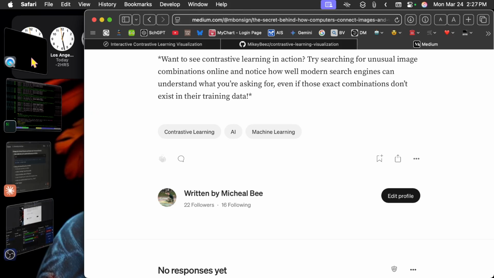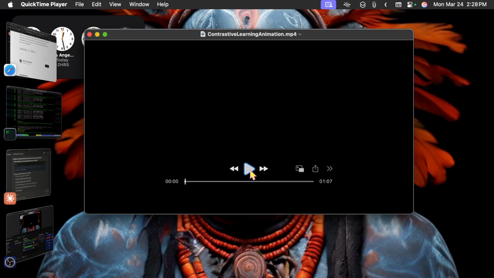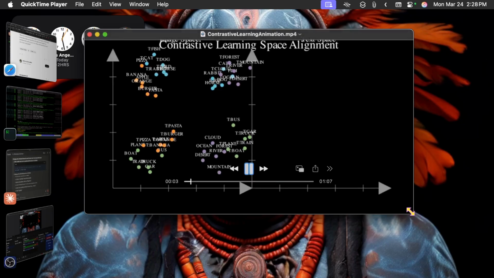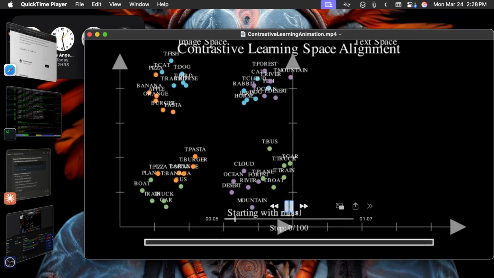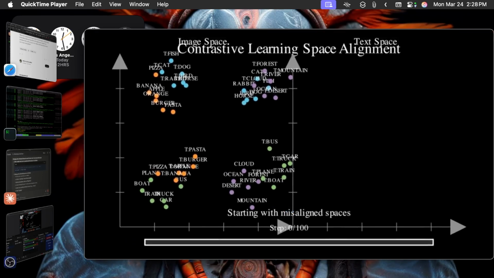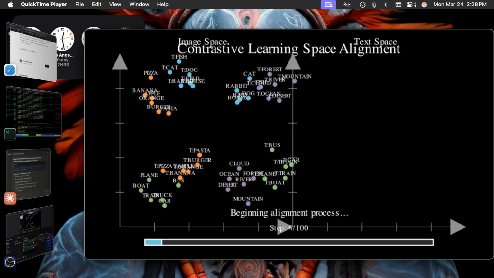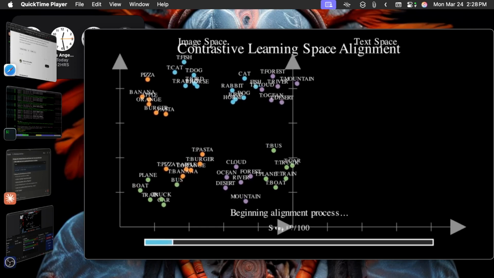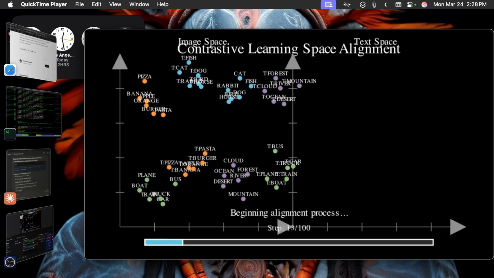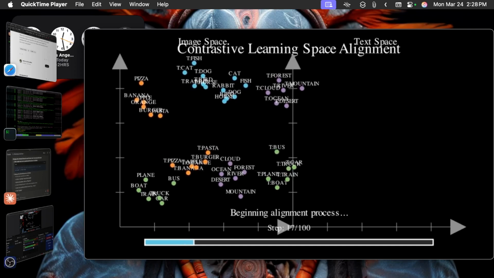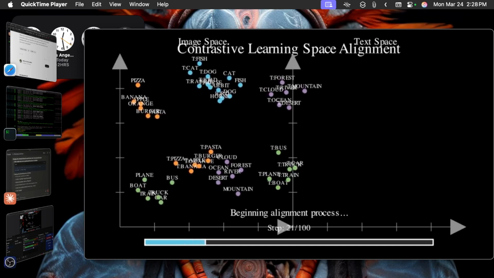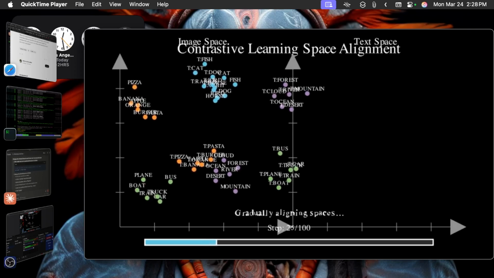All right, so let's take a look at this. We can see the text space is moving to the text space area.